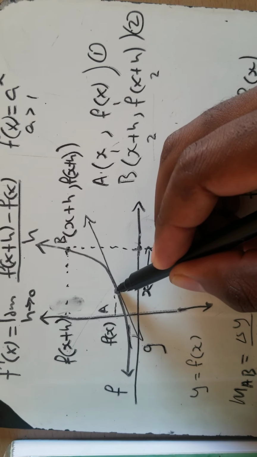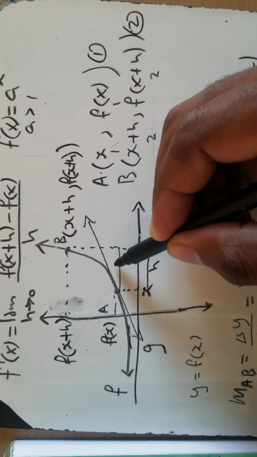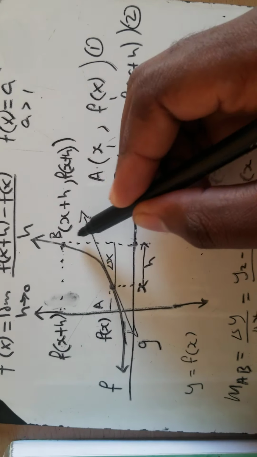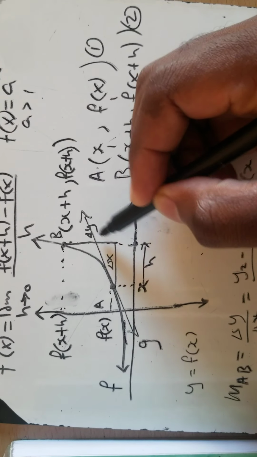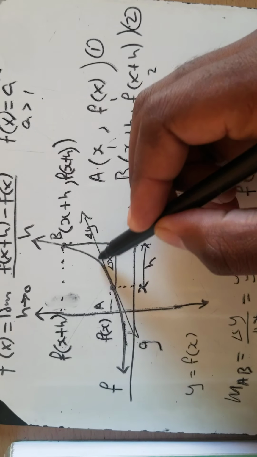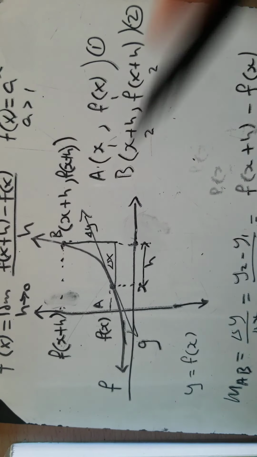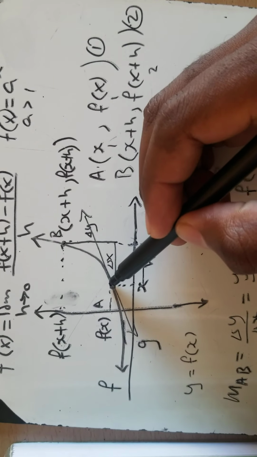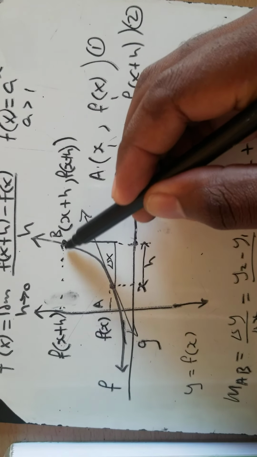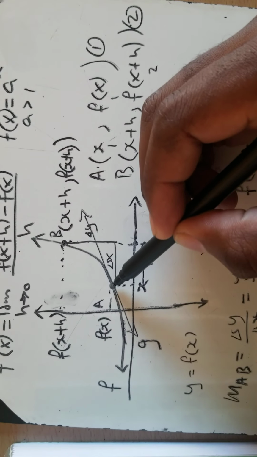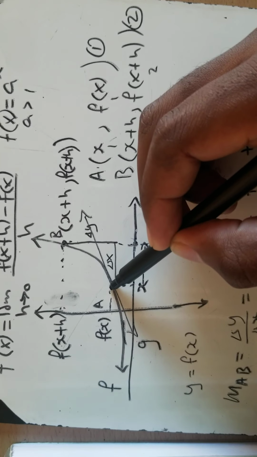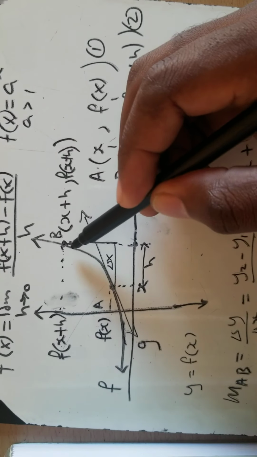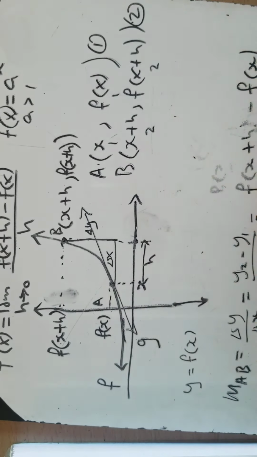If you think about it, this is change in x and this is change in y. So change in y over change in x will give you the gradient of points A and B. But we're not interested in the gradient of point B. What we're interested in is the gradient of point A, because point A gives a gradient that is the same for both functions.